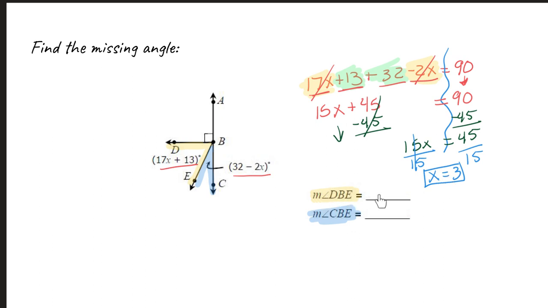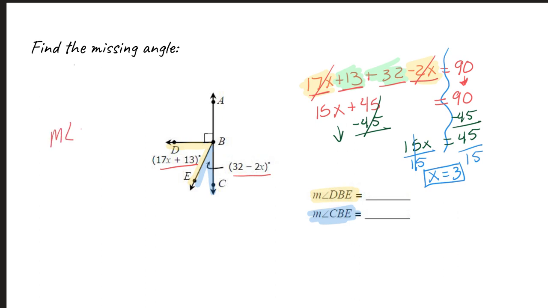However, I still did not figure out the measurement of this angle or the measurement of this angle. So the next step is to take, I know x is 3, and insert this number in for x.